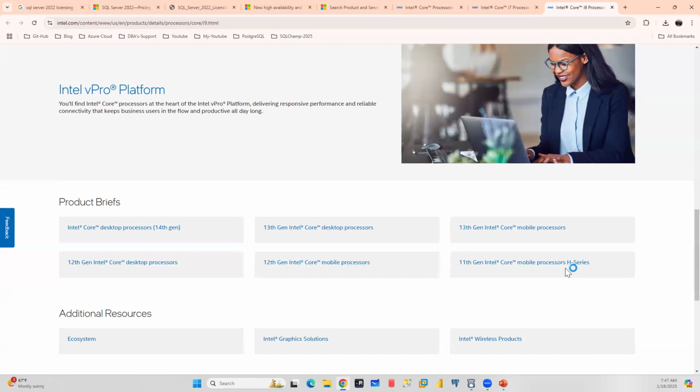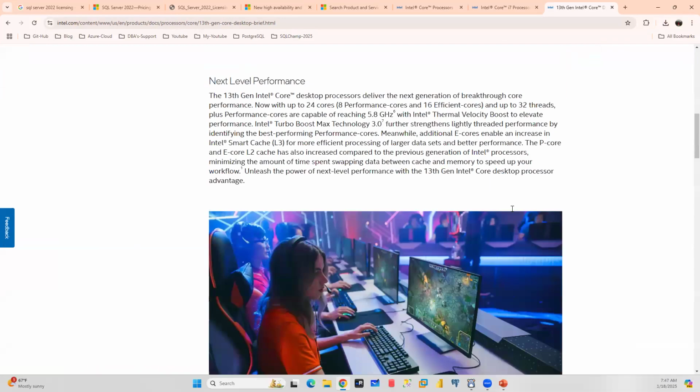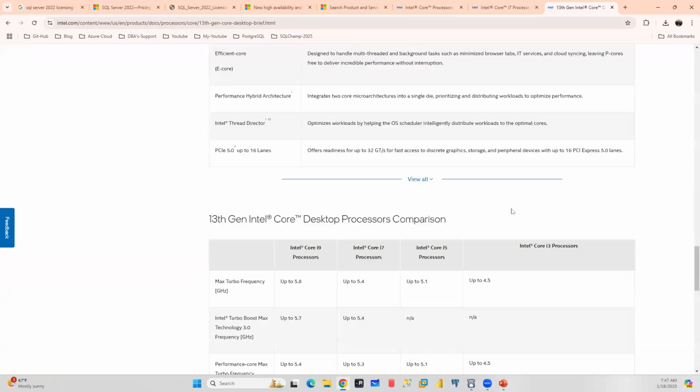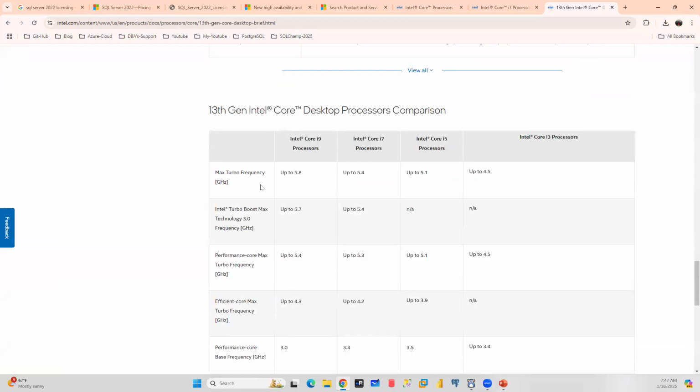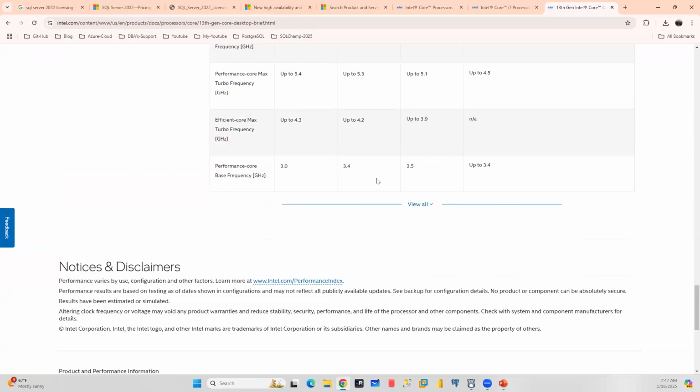Okay, now we are having different series. For example, if I go for the 13th series, now see here, you will get the processor speed, up to 5.4 gigahertz per second, your processor will spin.